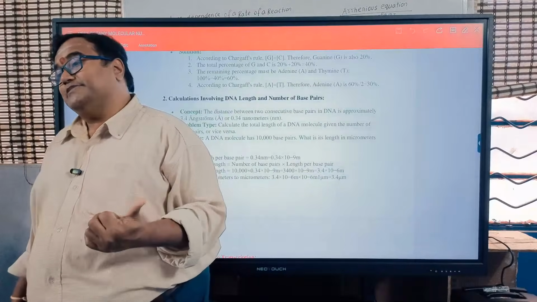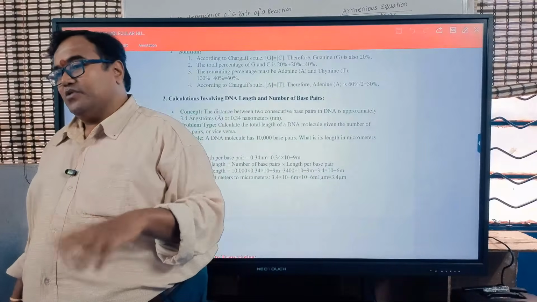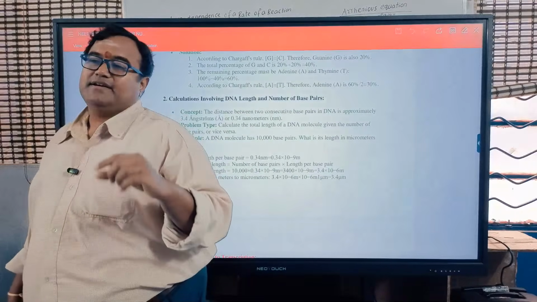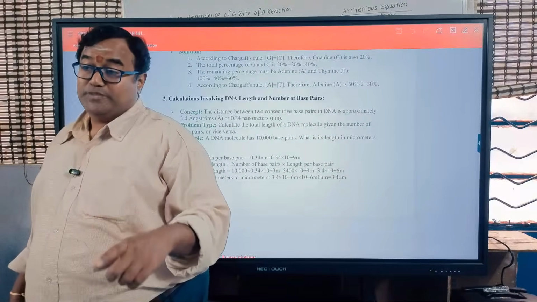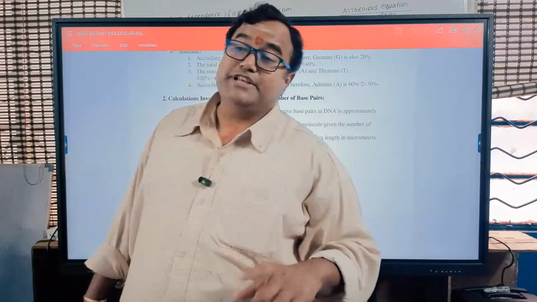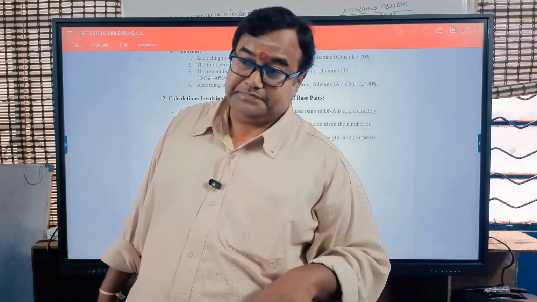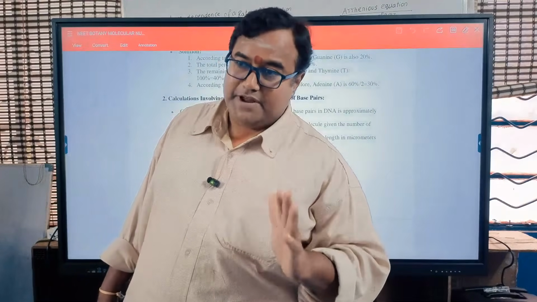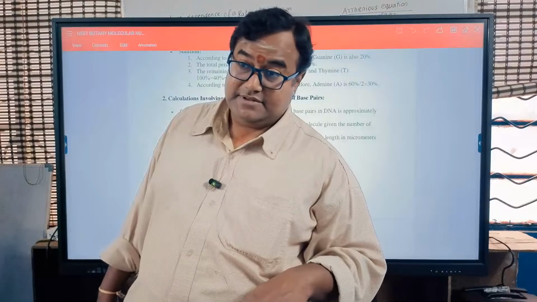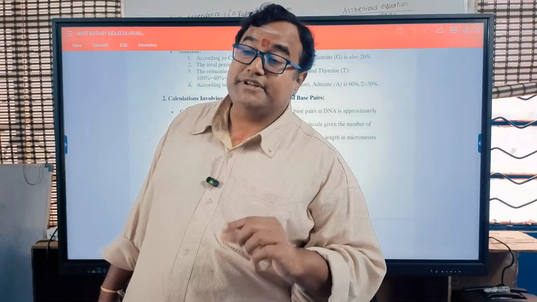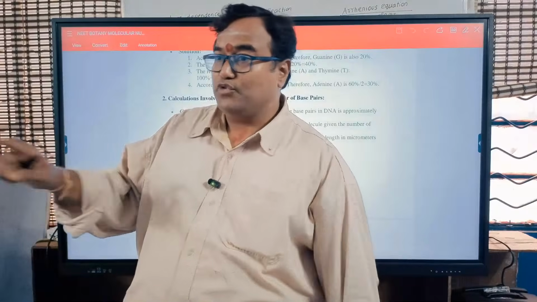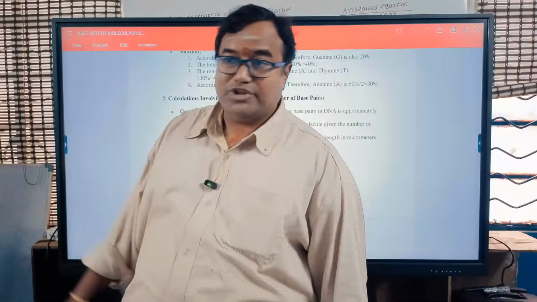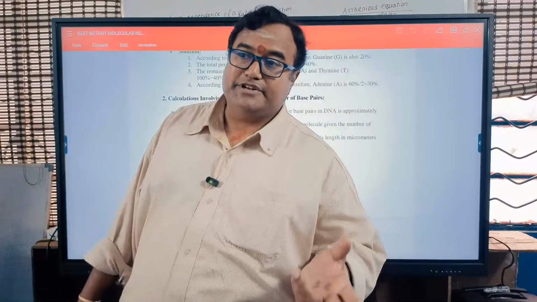Sometimes they will not give the base pair per turn. They will say calculate by keeping 0.34 nanometer between the 2 base pair and 10 base pair per turn, and then you need to calculate. They won't give the value 0.34 nanometer or angstrom, and they won't give the number of base pair per turn.